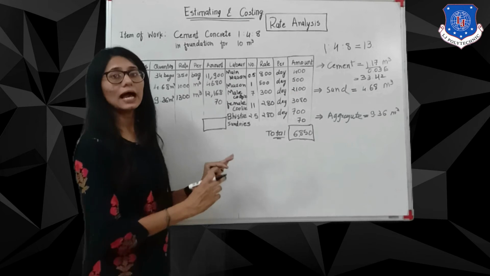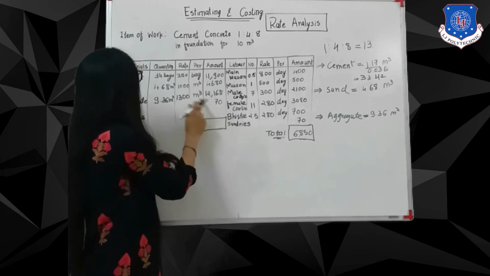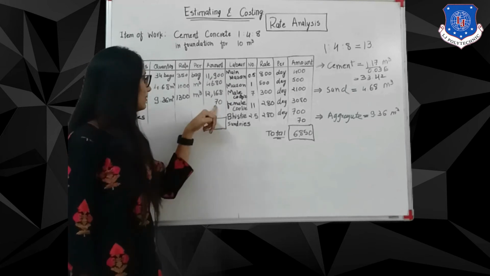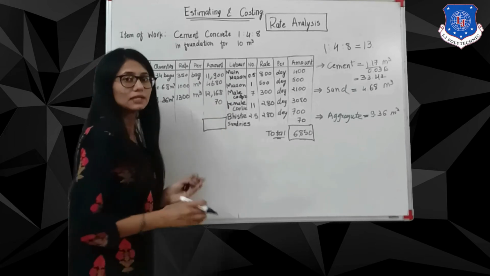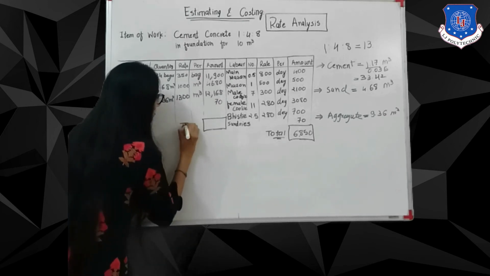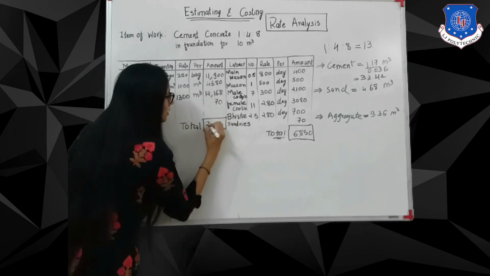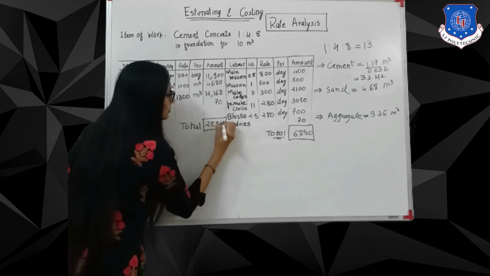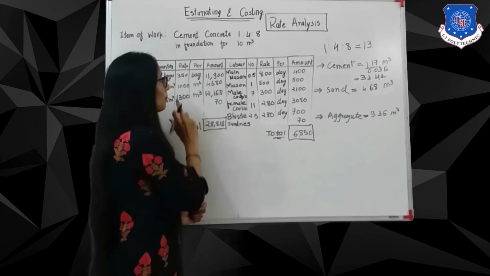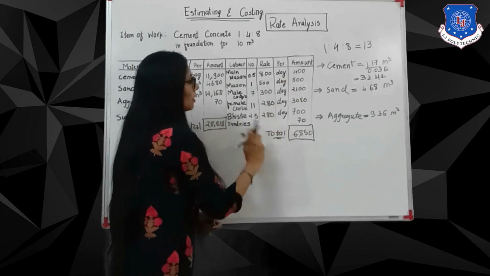As you can see, I have already calculated the amount of cement, sand and aggregate. Also I have added the 70 rupees, which is the sundries. Now I'm going to add the total cost of material, which is 28,880 rupees. You can calculate by yourself the amount we are paying for materials and the amount we are paying for labors.